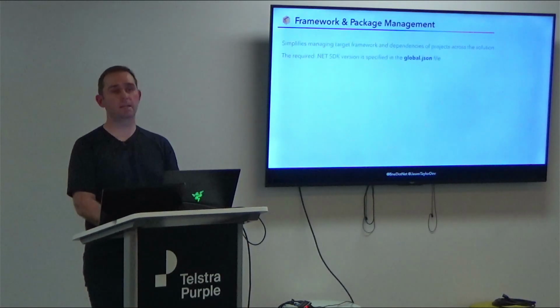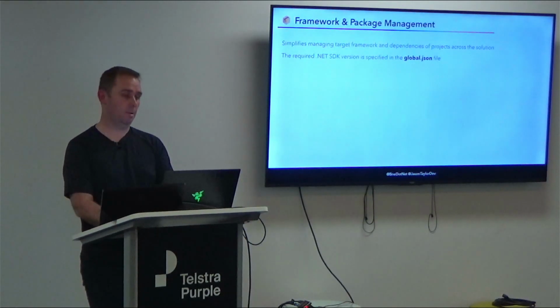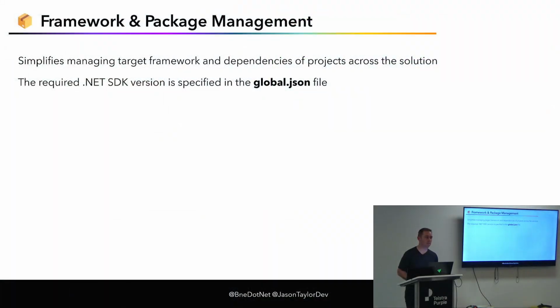All right, so now I get to show you some of the things that I found exciting, I think you might find exciting, that came through in this upgrade. The first thing that I found exciting was framework and package management. I've simplified managing target framework and dependencies of projects across the solution. The required .NET SDK version is specified in global.json.